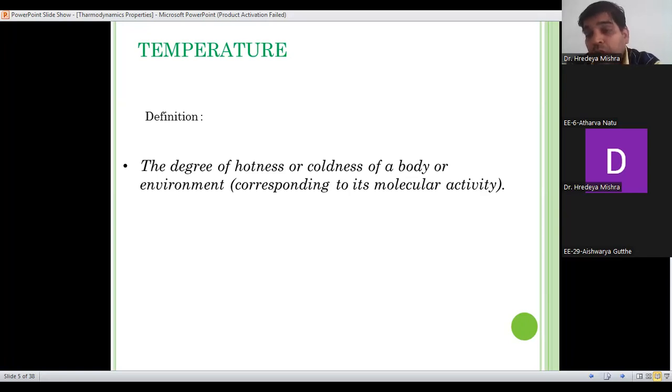What do you mean by molecular activity? The movement of molecules in the body or environment. If the movement of the molecules is very high, the temperature is increasing. If it is decreasing, the temperature is going down.